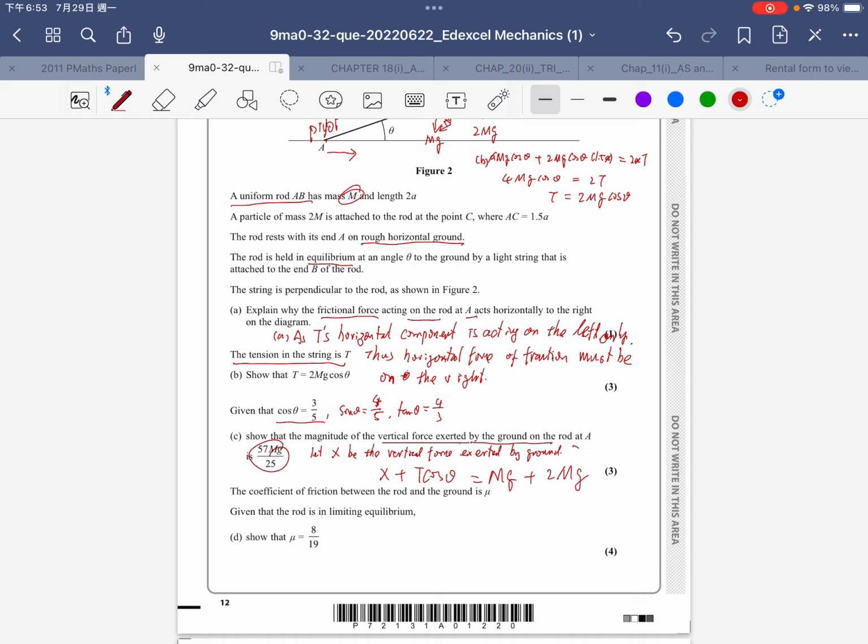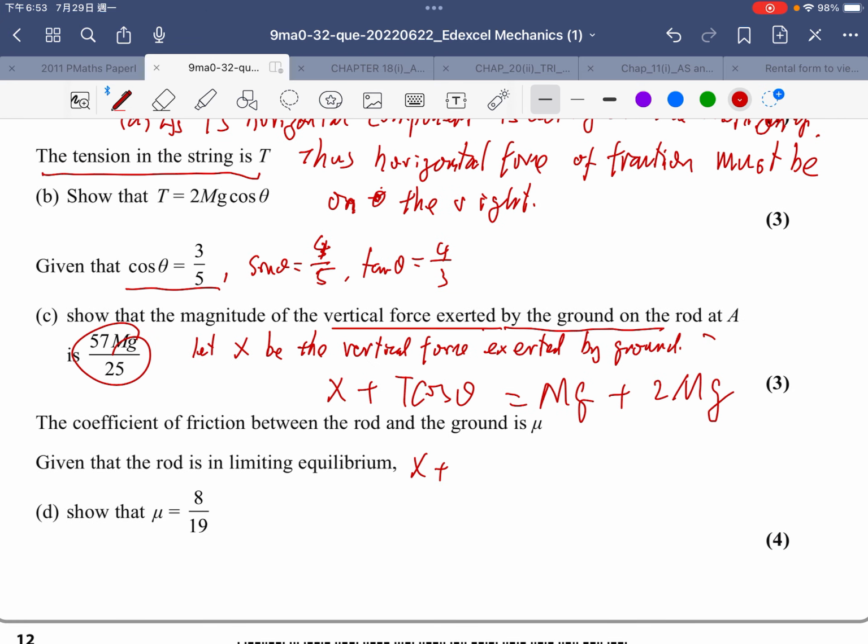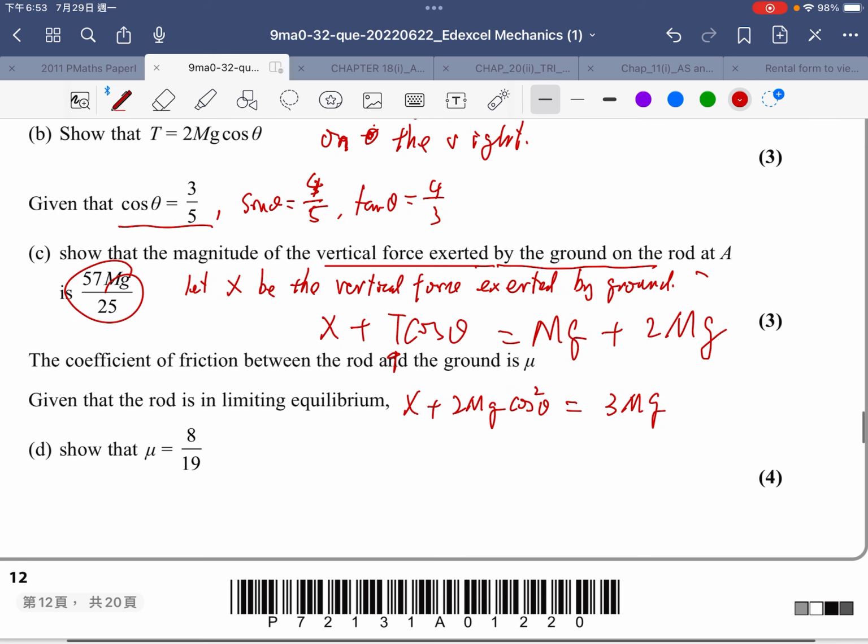In equilibrium they have this case, and then put the T from part B. T is 2mg cosine theta, times cosine theta, that means cosine squared theta. This is 3mg. Then move the terms: X equal to 3mg minus 2mg cosine squared theta.